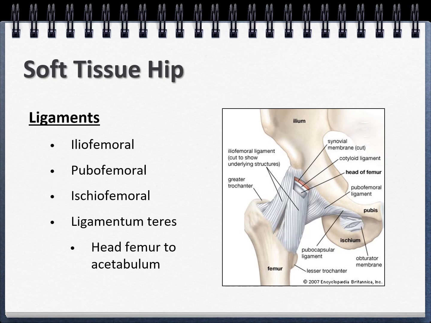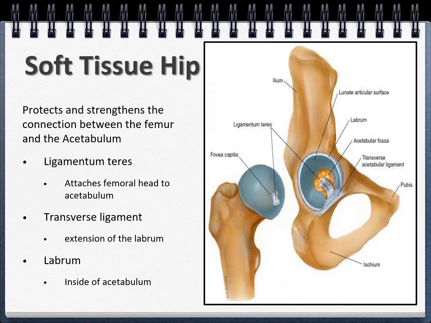The ligamentum teres is the head of femur to the acetabulum. That one runs along the inside of the acetabulum. The ligamentum teres, the transverse ligament, and the labrum, all 3, their job is to protect and strengthen the connection between the femur and the acetabulum.